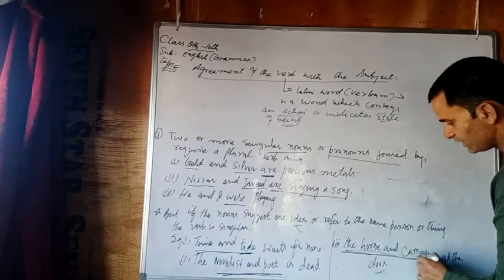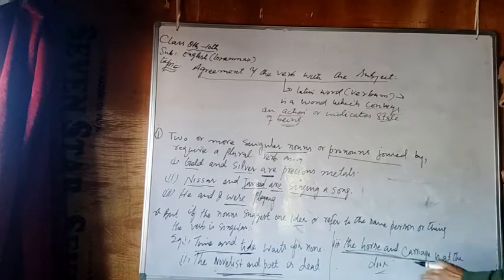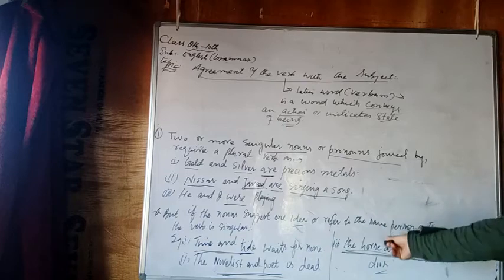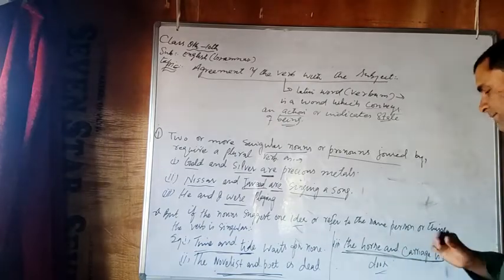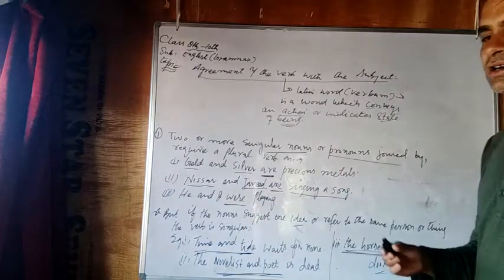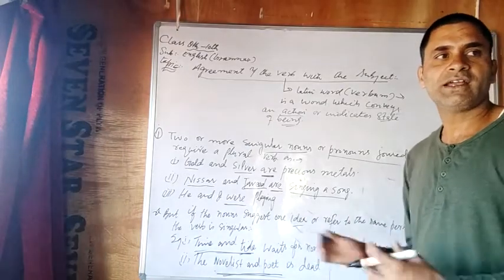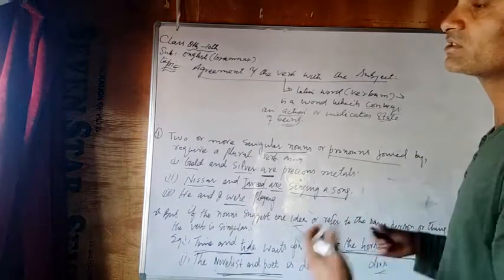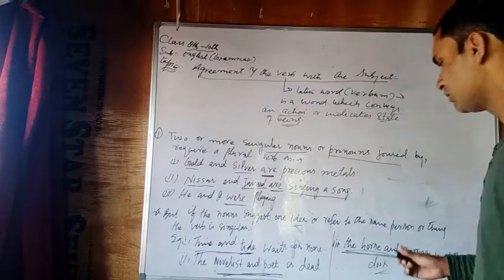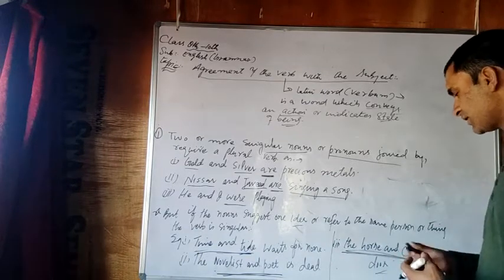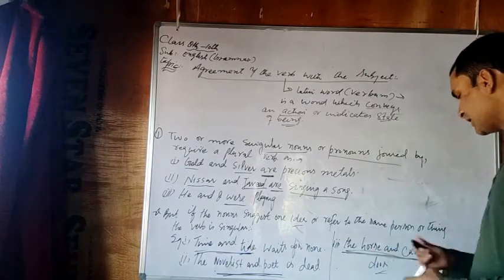The idea is one, the horse carries the carriage. So we say, 'the horse and carriage is at the door.'